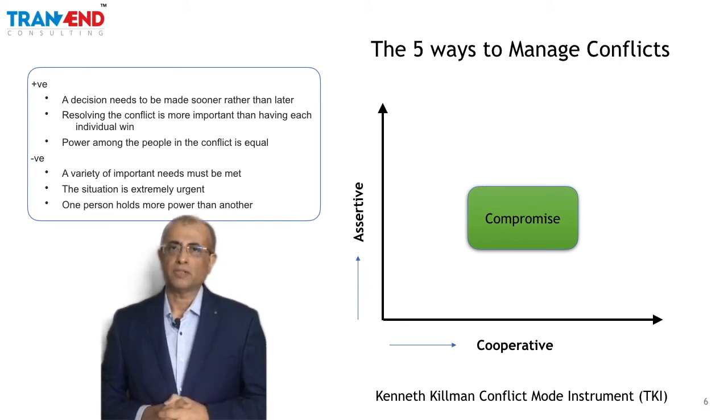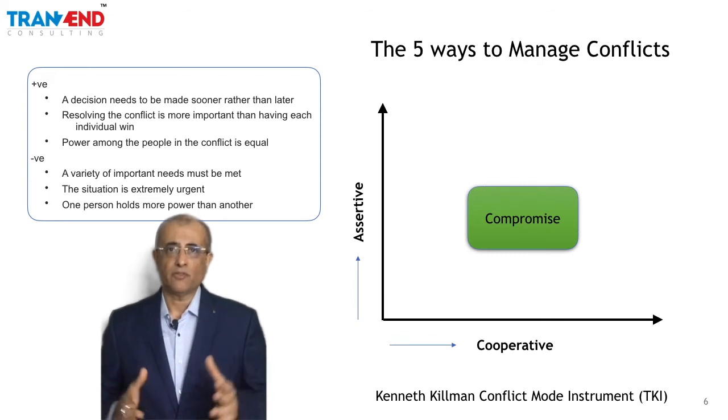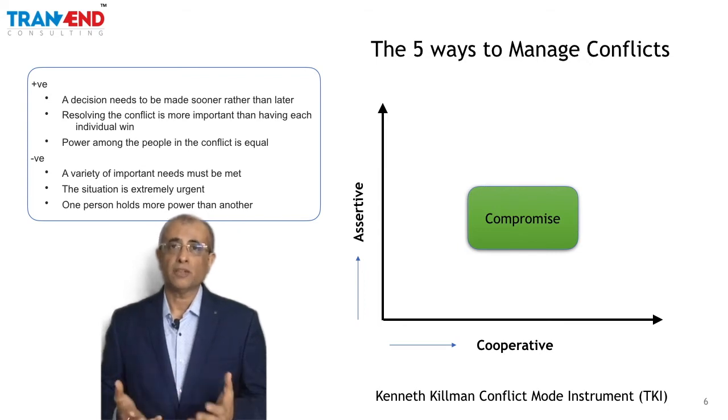Or in case one person holds more power than the other, in that case, a compromise could be a waste of time, because the person who has more power may want to take a veto on the decision and move forward. Also, if a variety of needs have to be met, then a compromise might be a loss, because in that case, both of you will actually lose much more than you will gain.